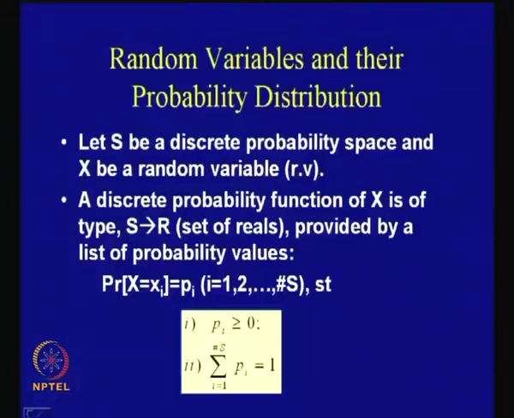We can say that these probabilities are essentially a map from the sample space S to the set of real numbers, because the probability values are real numbers between 0 and 1, both included. These are the individual probabilities, and they should satisfy these two properties.